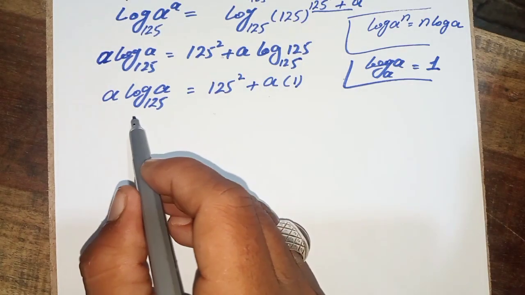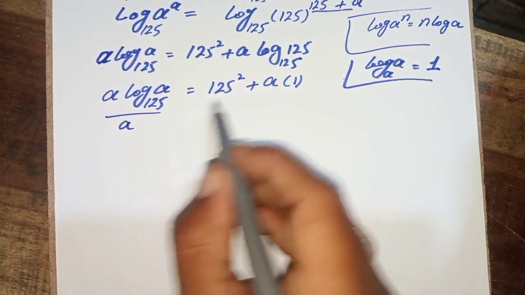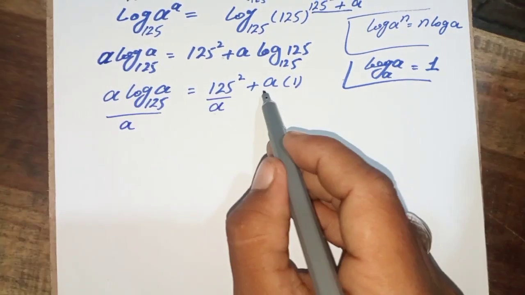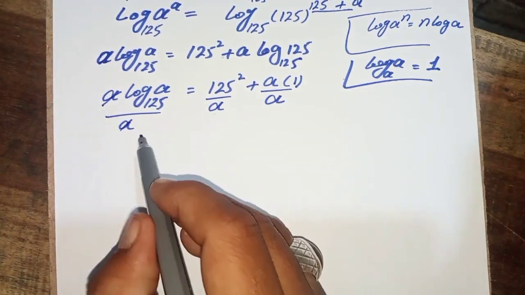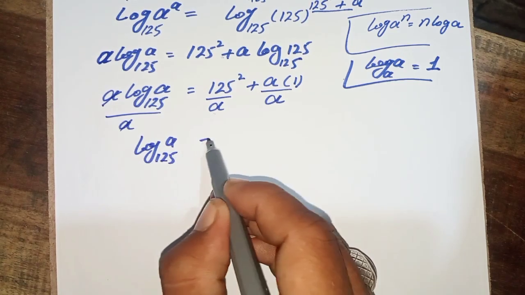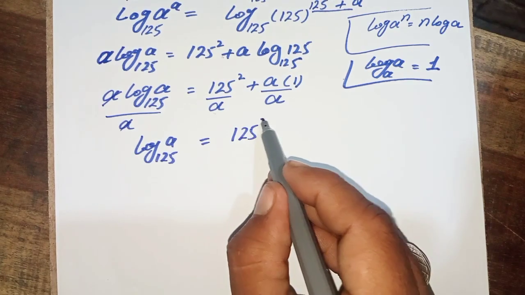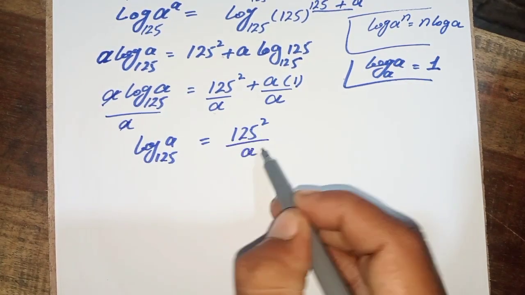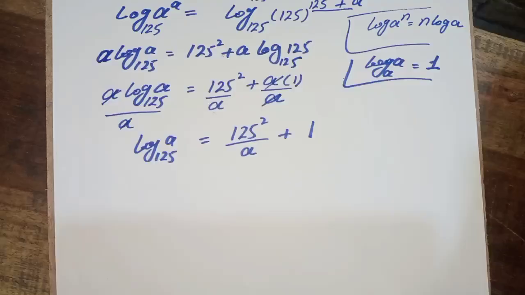Students, we divide both sides by a. This a will cancel this a. This becomes log base 125 of a, and this becomes (125^2 over a) plus 1, since this a will cancel this a and it will become 1.